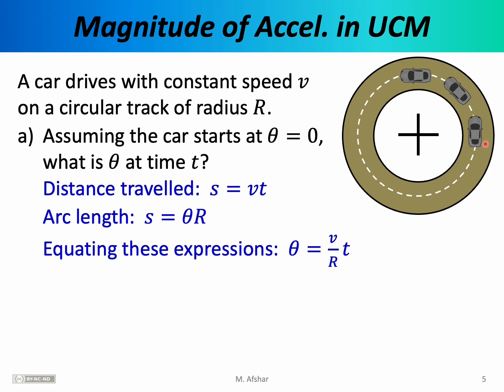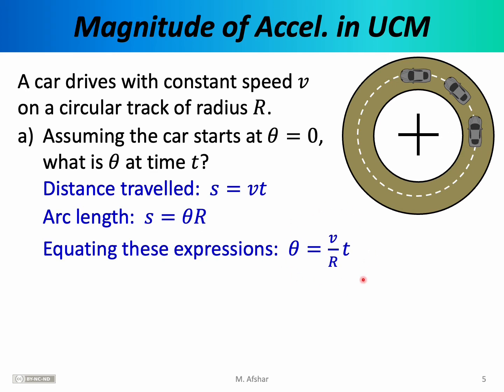When the car travels some angle theta, the distance that it travels is simply theta times r. If we equate these two equations, we get the desired result: theta is Vt divided by r.